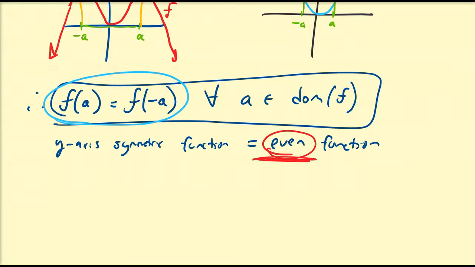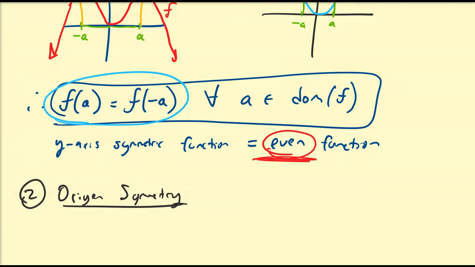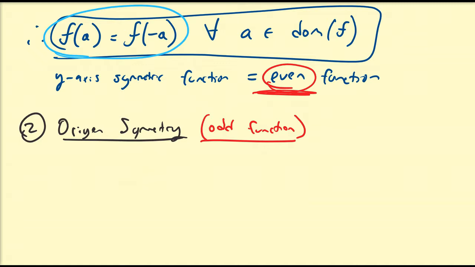Let us consider origin symmetry. Similar to being symmetric about the y-axis being called even, if a function is symmetric about the origin, we call this function an odd function. Let us consider the graph of a function that is symmetric about the origin.